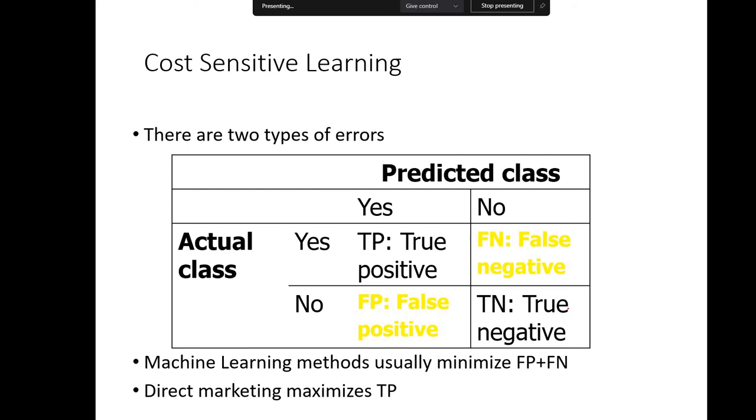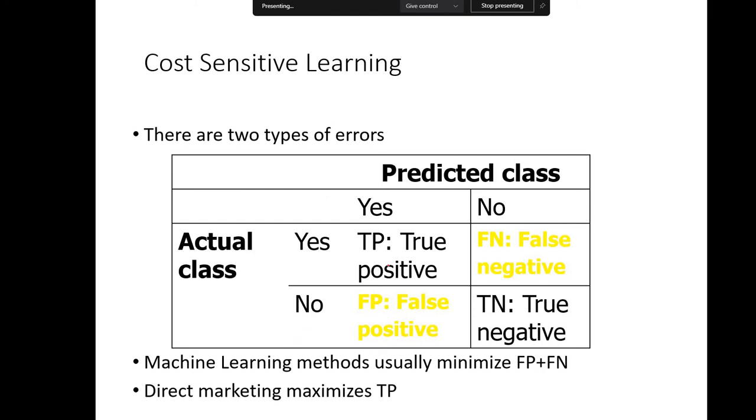Final one. When we have these predictions, we have different types of errors. On one side we say our actual class is yes or no, and our model, the decision tree for example, can make the prediction yes or no. If our actual class yes matches the prediction, we can say it's a true positive.